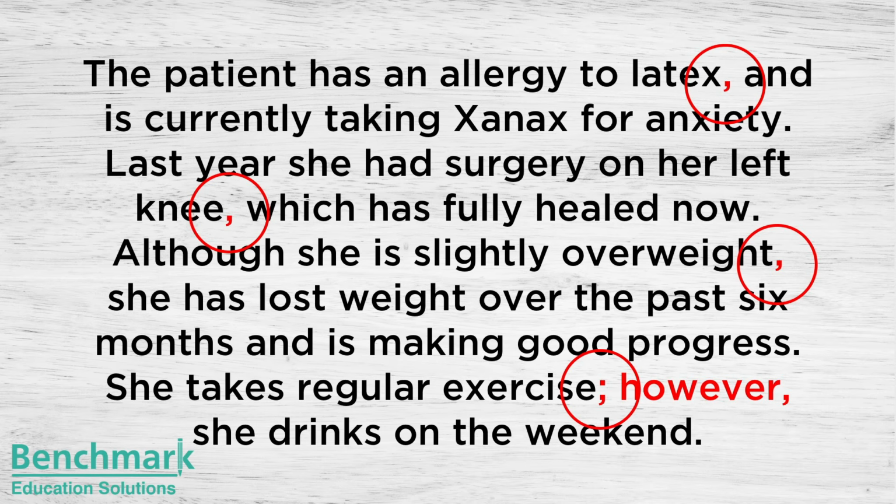We need that semicolon. To only use a comma with the conjunctive adverb however is incorrect. You can see that when you read it out loud, you'll naturally pause at the places where you've used a comma. I hope this video has helped you be more confident about how to use commas in your OET writing.